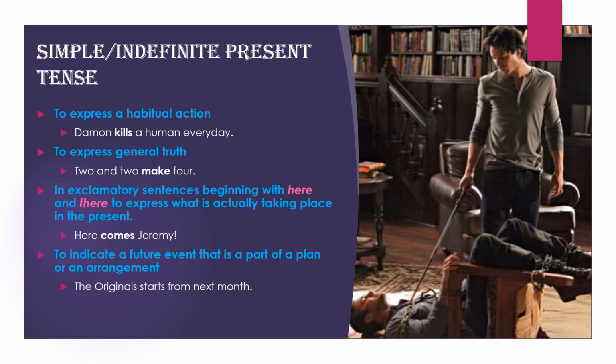For example, Damon kills a human every day, because there's a certain action that the person Damon is doing on a daily basis, doing regularly. Therefore, it is expressing a habitual action, a habit of a certain person. Such actions, which are habits, are put under the category of simple or indefinite present tense.